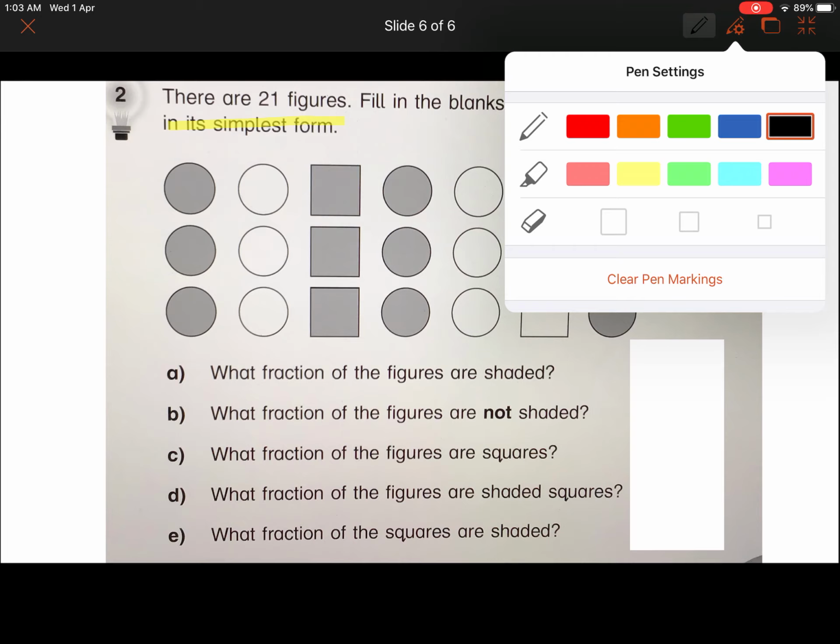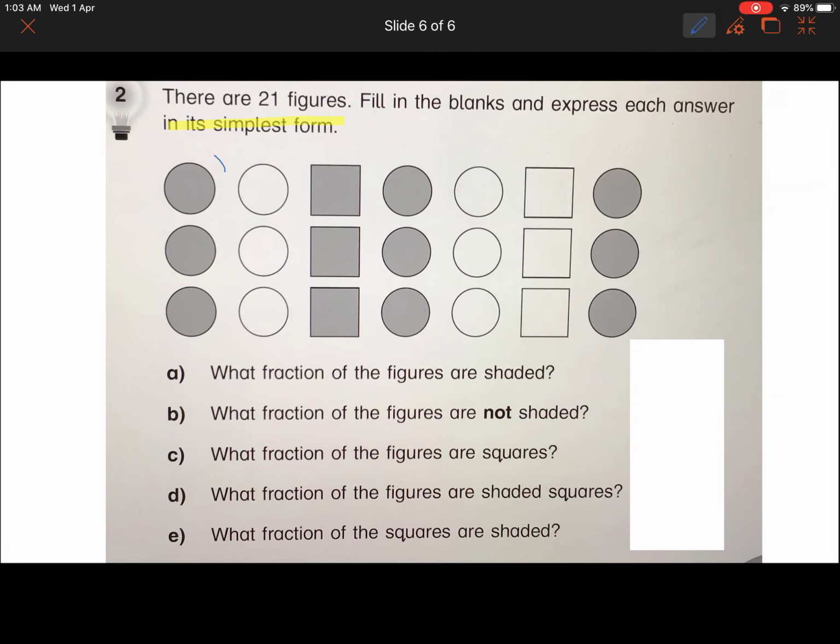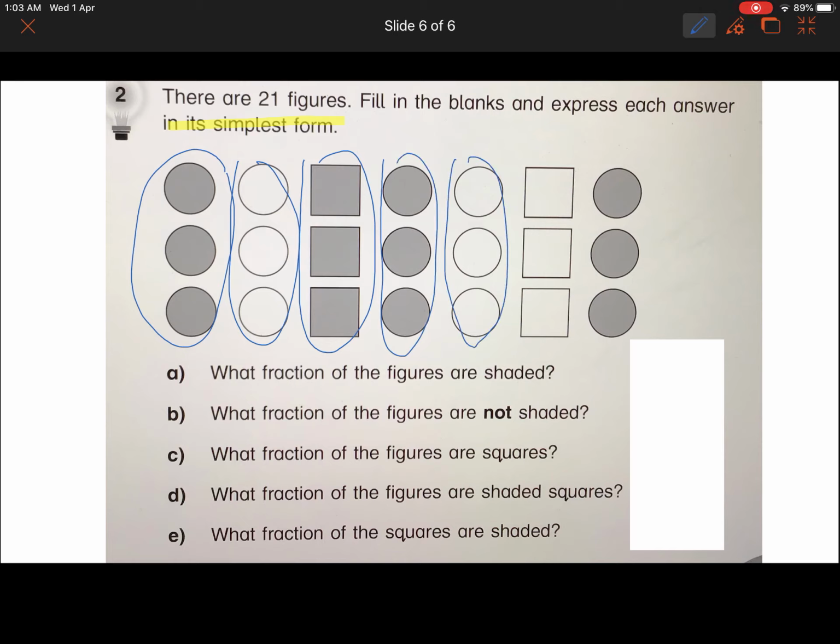So using my blue pen, 1 group, 2 groups, 3 groups, 4 groups, 5 groups, 6 groups, 7 groups. So there are 7 equal groups. Out of the 7 equal groups, 1, 2, 3, 4.